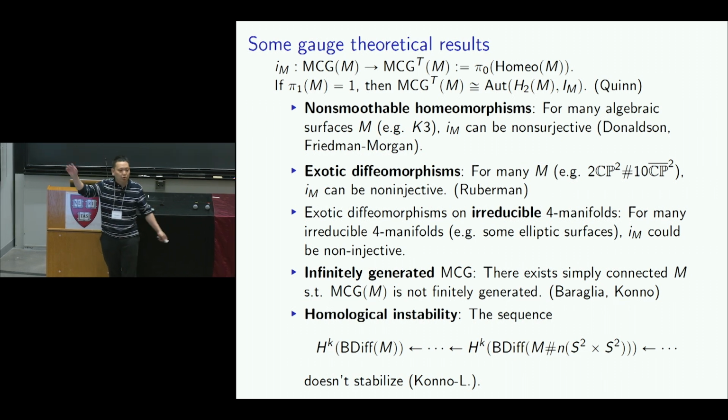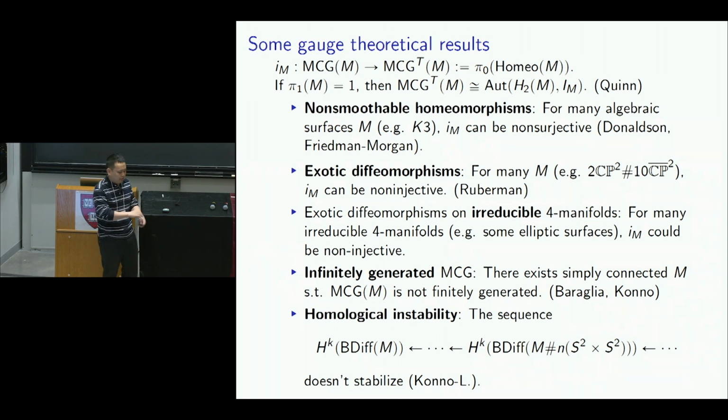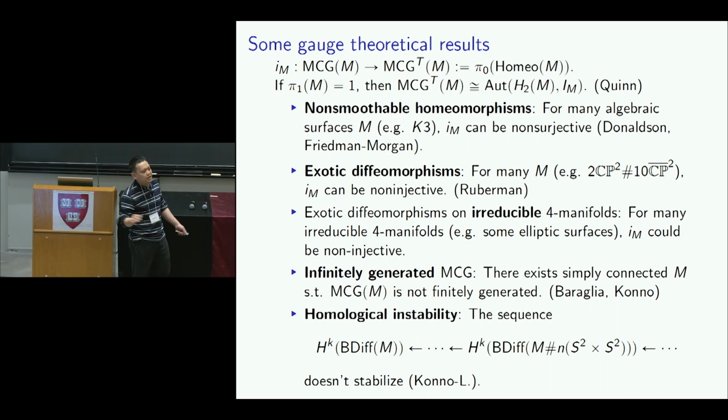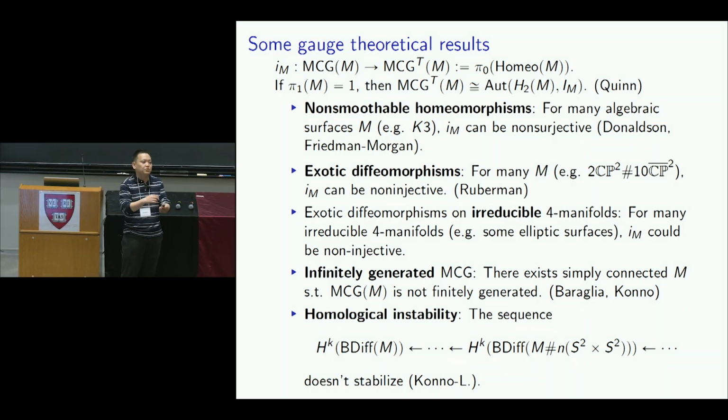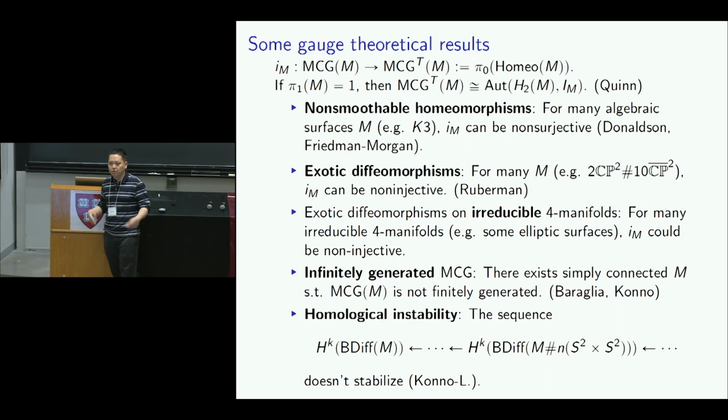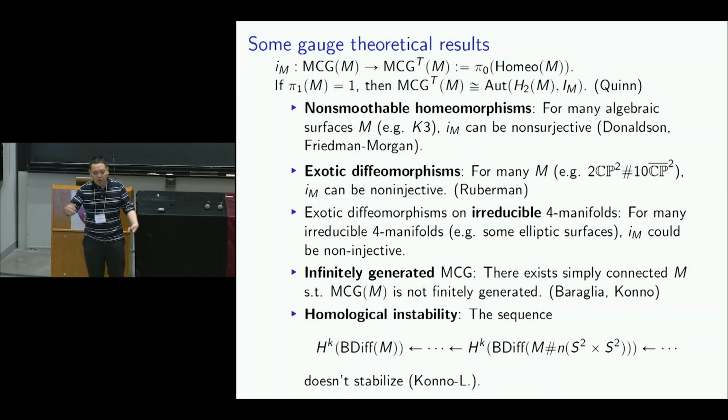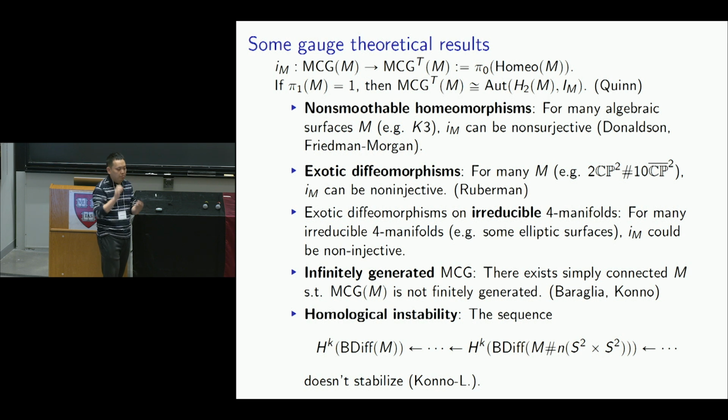And there is a stable range. In lower dimensions, there is a homological stability result stating that this homology will eventually stabilize if you add enough genus. And then people can use other machinery to compute the stabilized homology. Okay, so that's a way to control the homology of the moduli space.